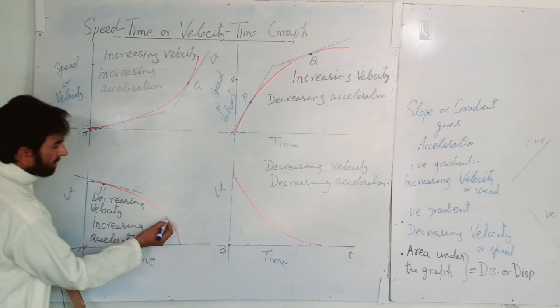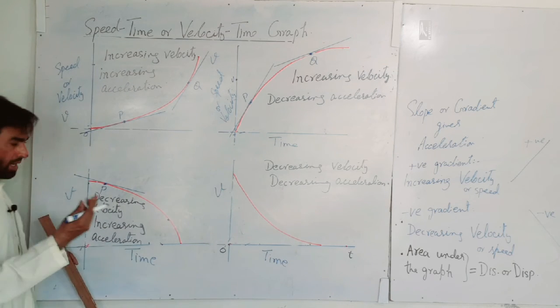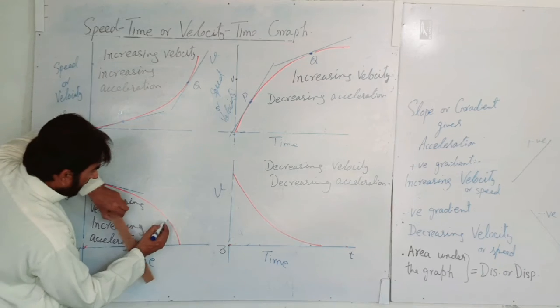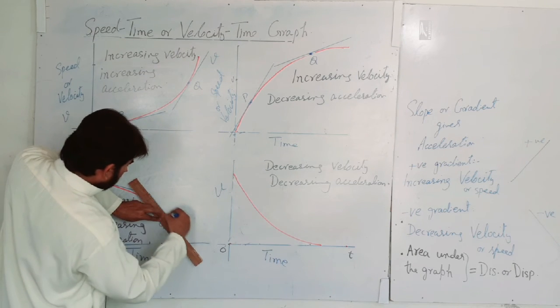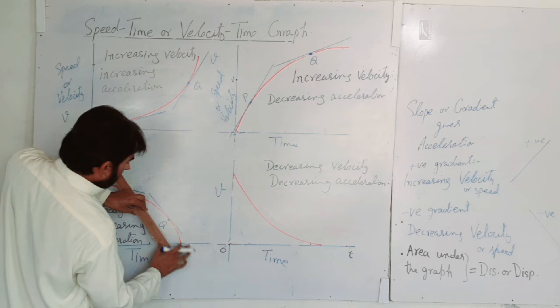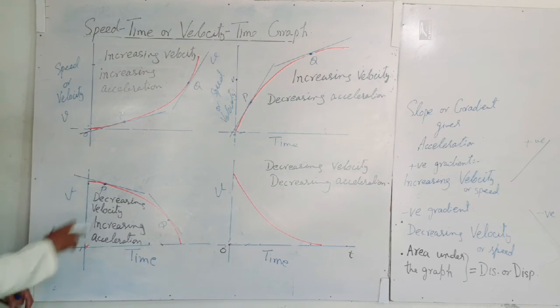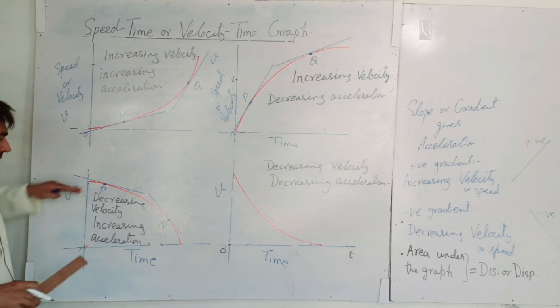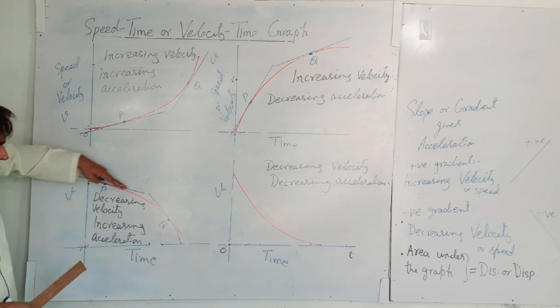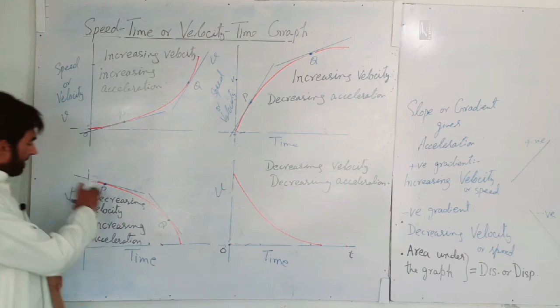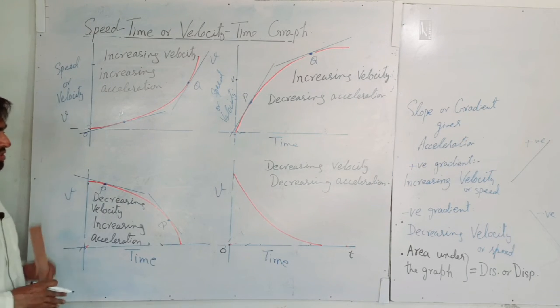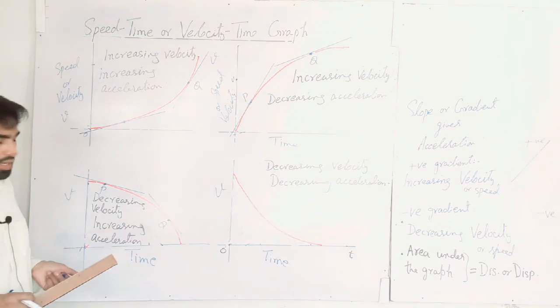I am taking another point Q and again drawing a tangent at point Q. You can see that this tangent at Q is steeper than the tangent at P. It means here the acceleration was lesser but here the acceleration is greater. This shows that this is increasing acceleration but the velocity is decreasing.